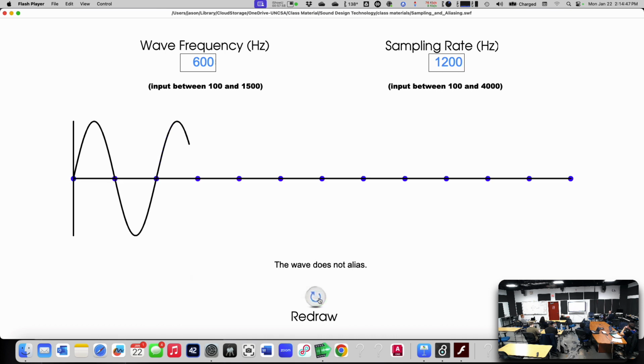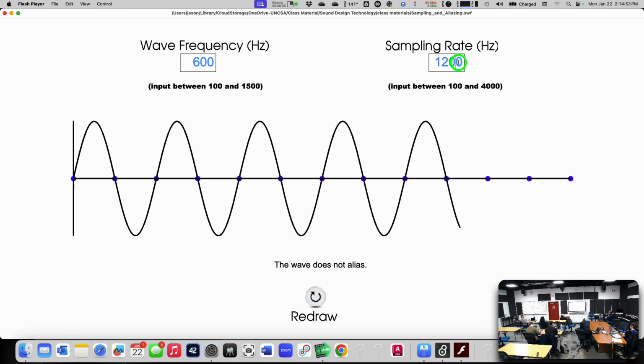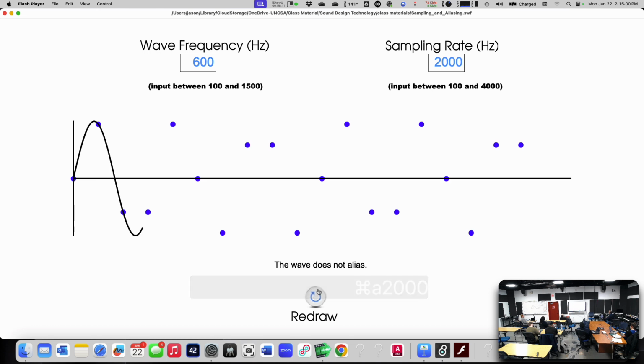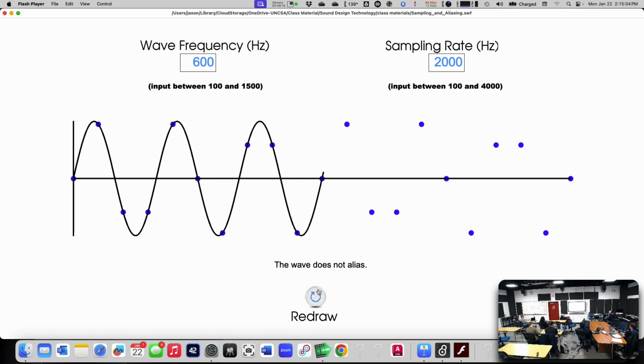And it can do that. Okay. But what if we go to 2000? This ends up being how it samples, but it can do it. Okay? That's enough samples to recreate the 600 hertz.